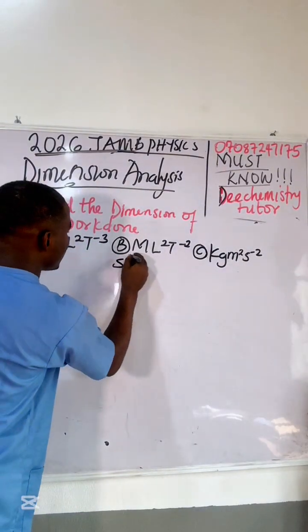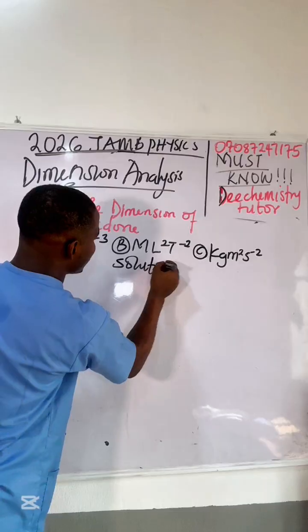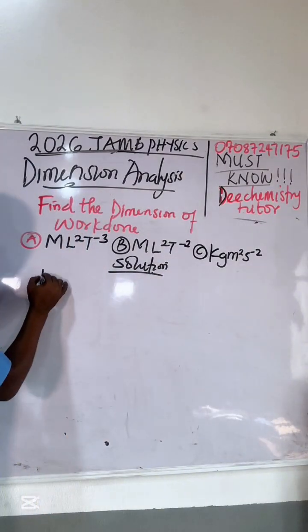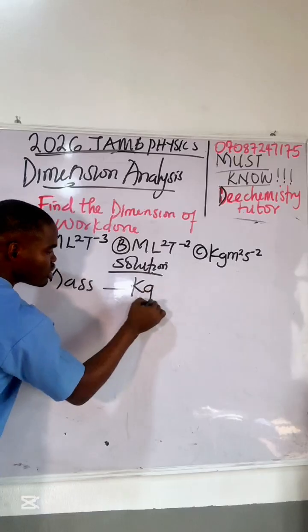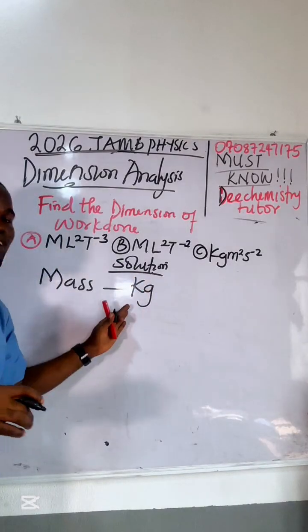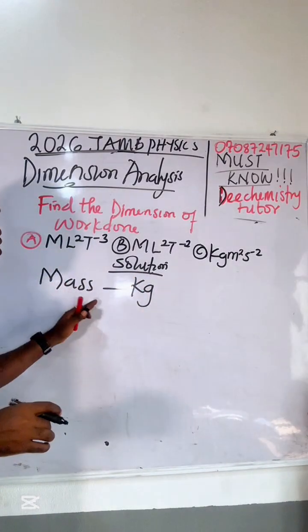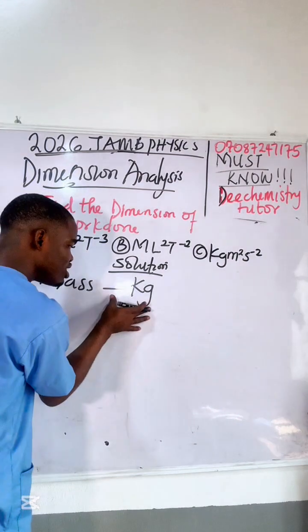Now, when we talk about dimension, the concept is this: when you have mass, we know that the SI unit, because there are other units of mass, is the kilogram.